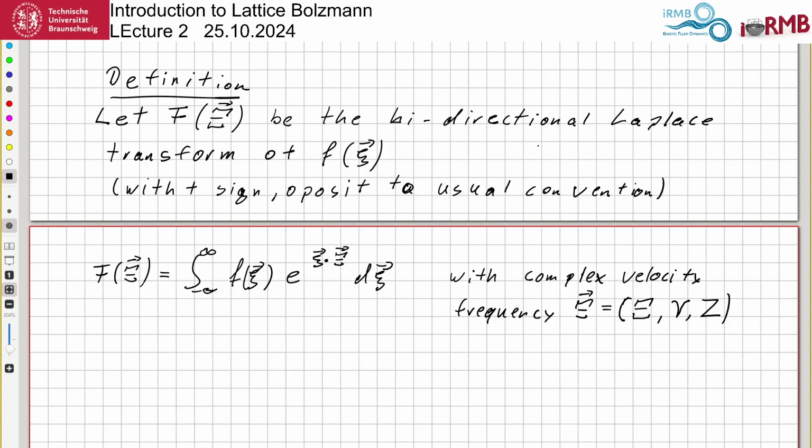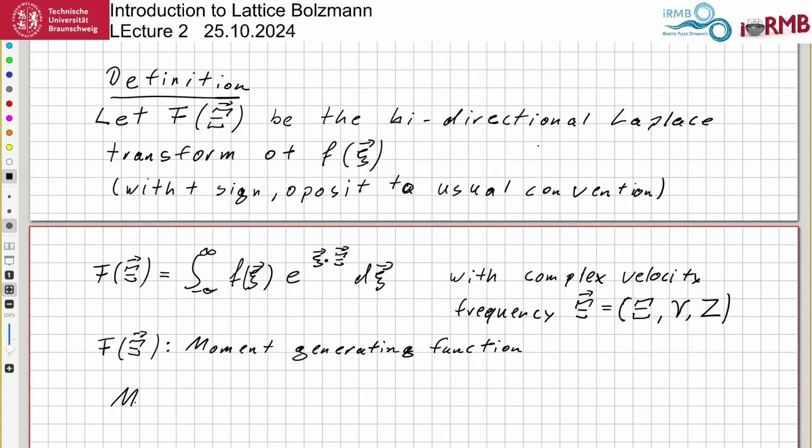Okay, now this Laplace transform, the capital F of Xi, is what we call the moment generating function, and we can derive moments from this.